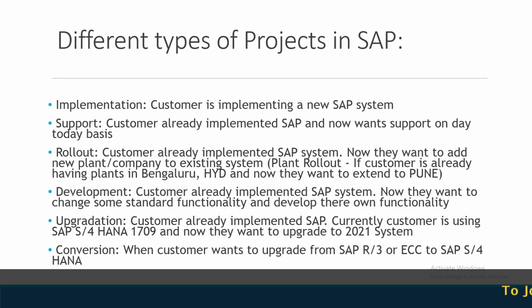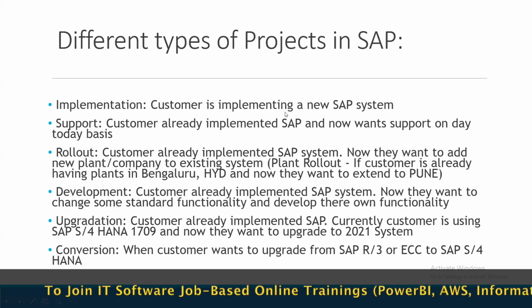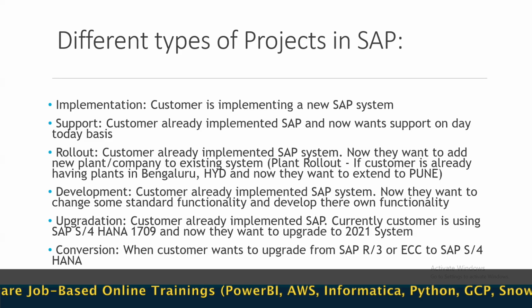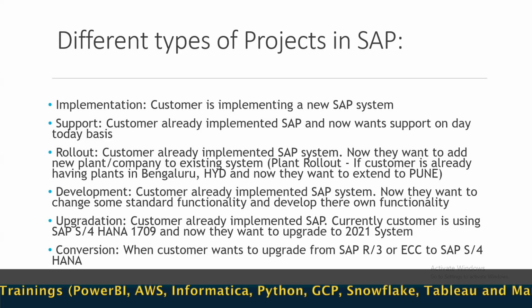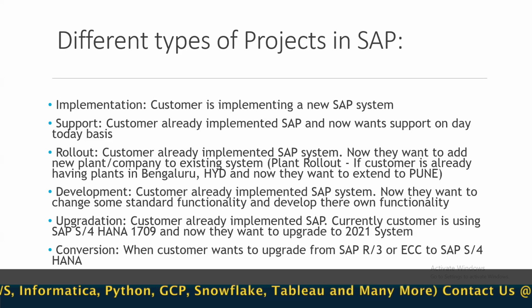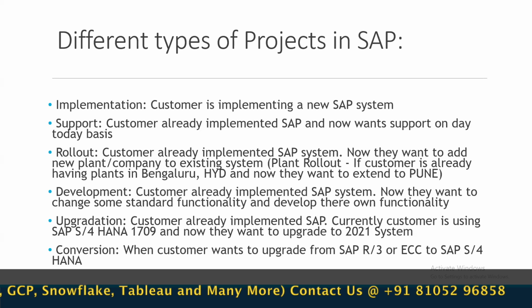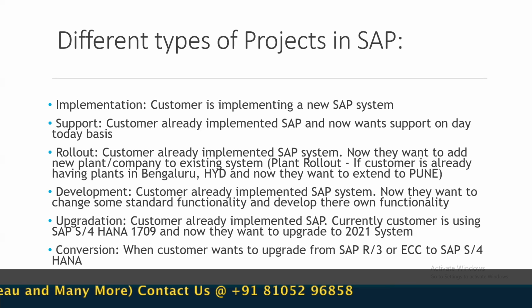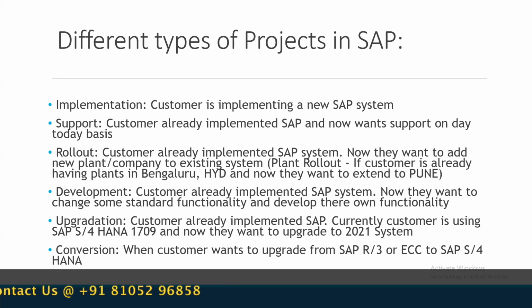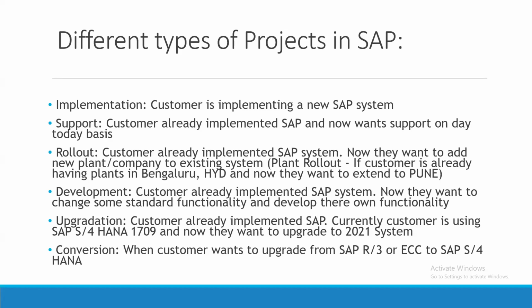So such types of projects are called mini implementation. Now, when we say implementation, we have to do everything from scratch. But when we say rollout, it is not that we have to do everything from scratch. Few things are already available, in such a way that you already have a few plants or companies set up in Bangalore or Hyderabad.